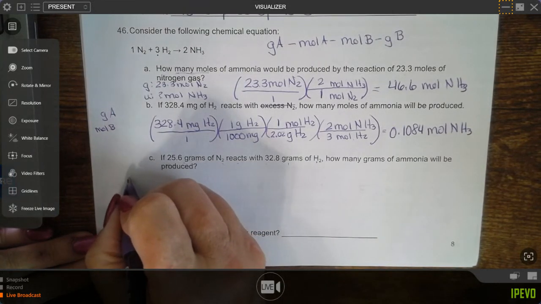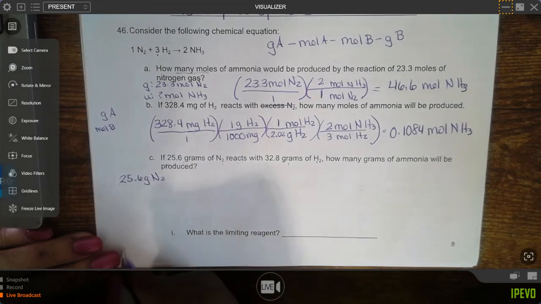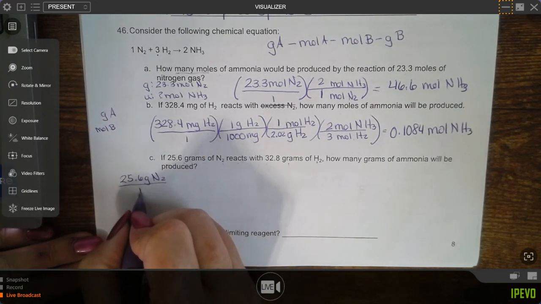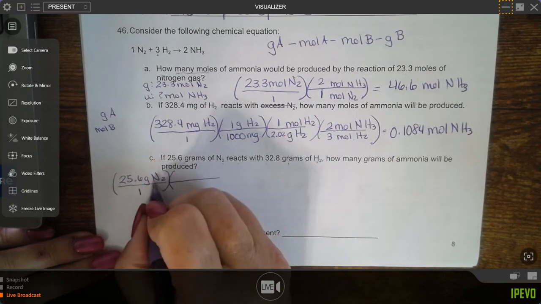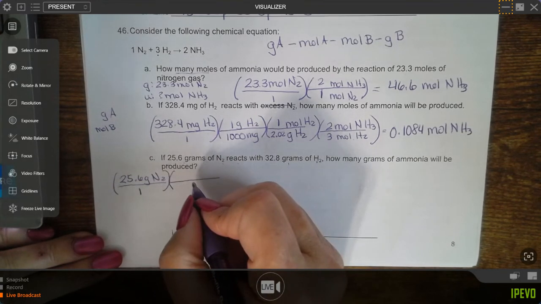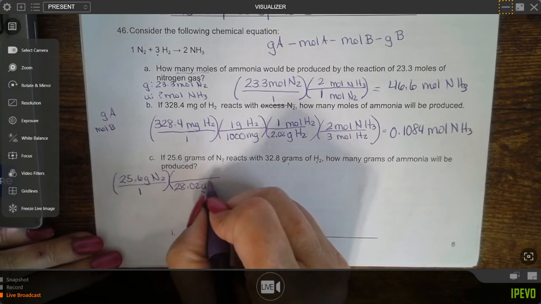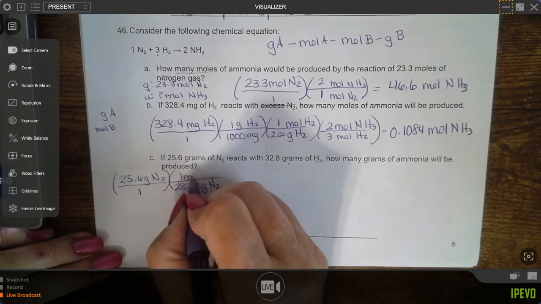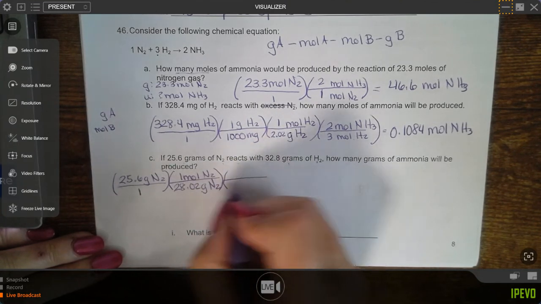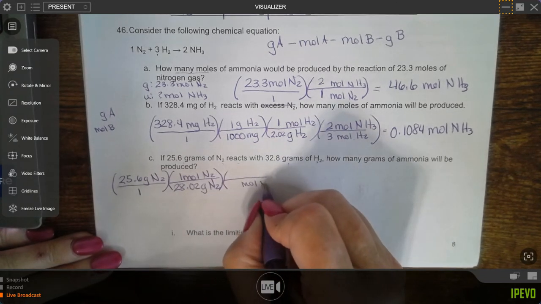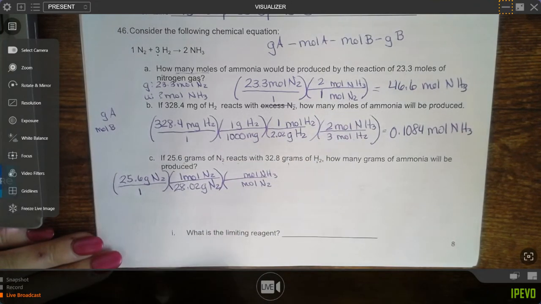So we start with 25.6 grams of N2, and we're looking to go to grams of NH3. The first thing we need is the molar mass of nitrogen. Nitrogen is 14.01, so 28.02, that comes from the periodic table. That is 1 mole of N2. The next step is our mole ratio step. We have moles of N2 on the bottom, moles of NH3 on the top.